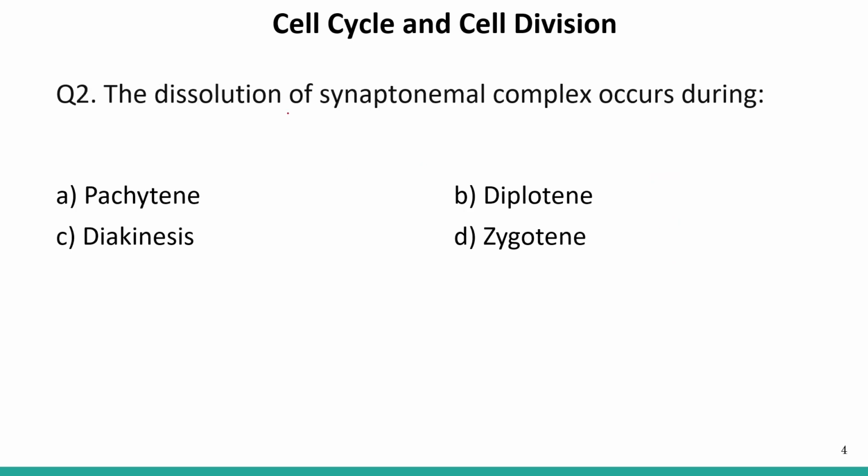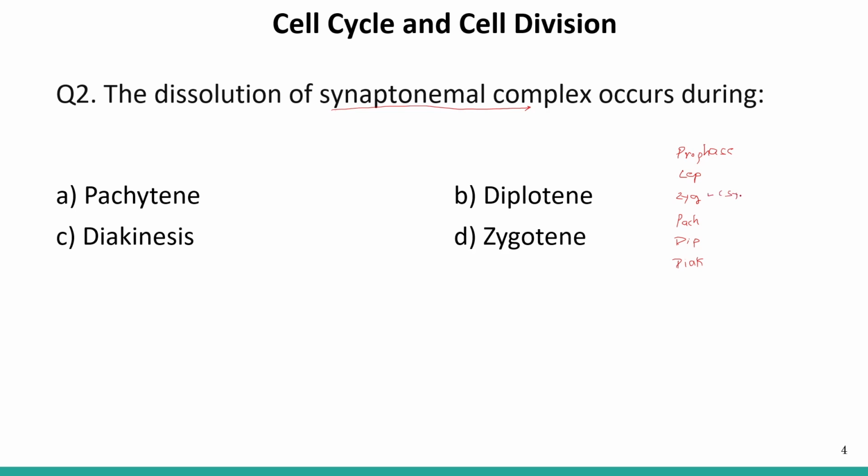Now the second question is, the dissolution of synaptonemal complex occurs during which stage. Again, let's talk about the substages of the prophase: leptotene, zygotene, pachytene, diplotene, and then diakinesis. Synapsis is formed during which stage?